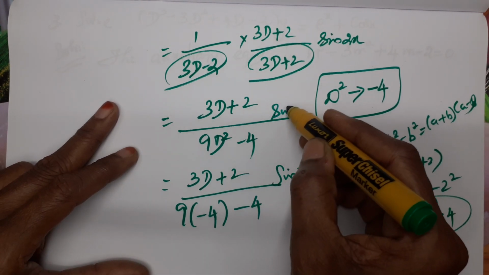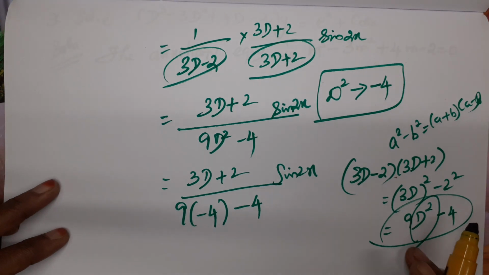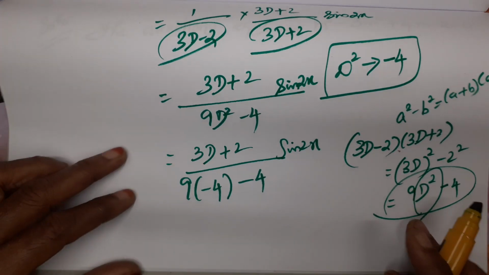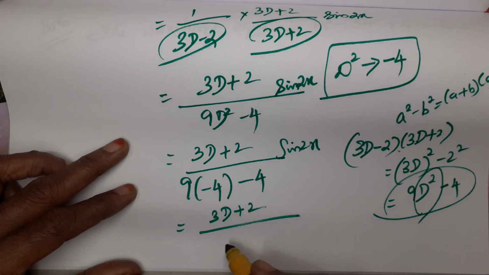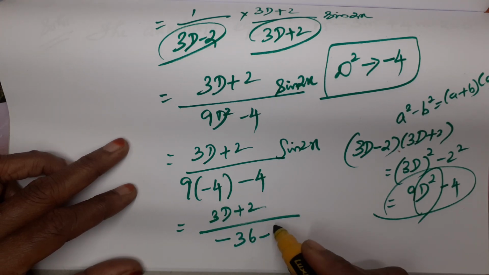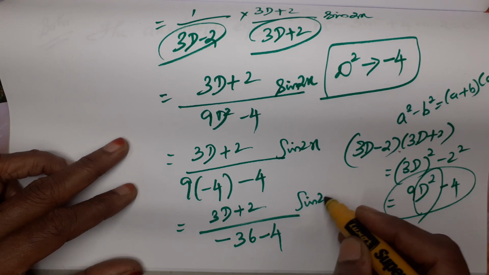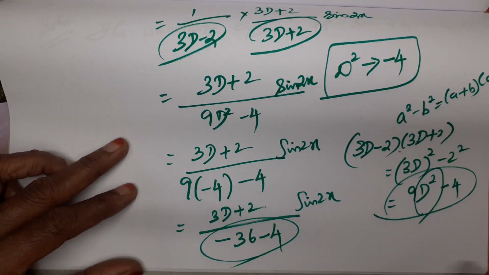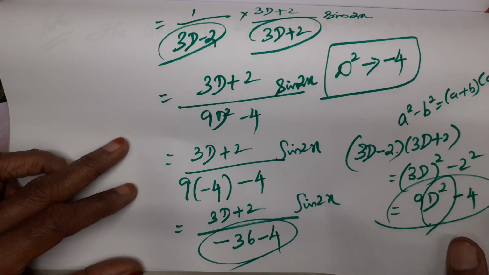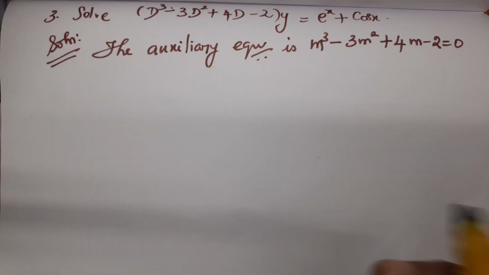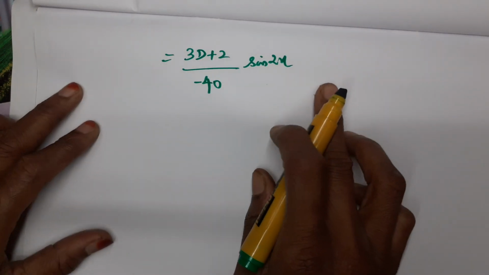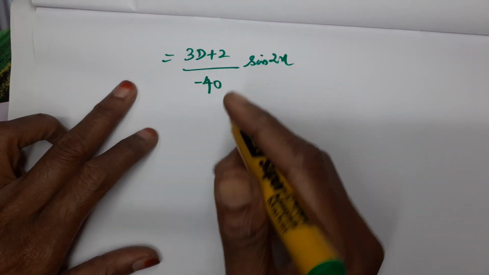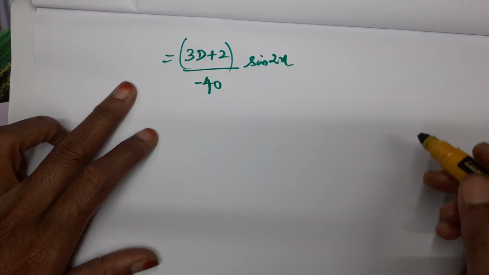Here also we have to write sin 2x. Combining these two, 9 into minus 4 is minus 36, minus 4. Finally we are getting the denominator as minus 40, right? So we are getting minus 40 in the denominator, (3D plus 2) into sin 2x.